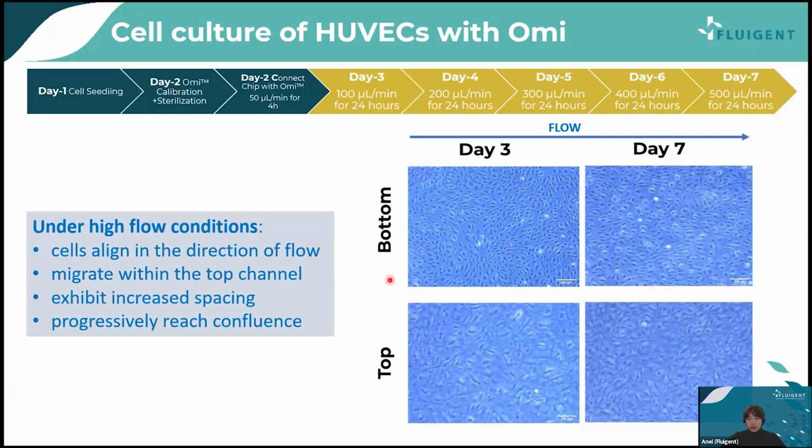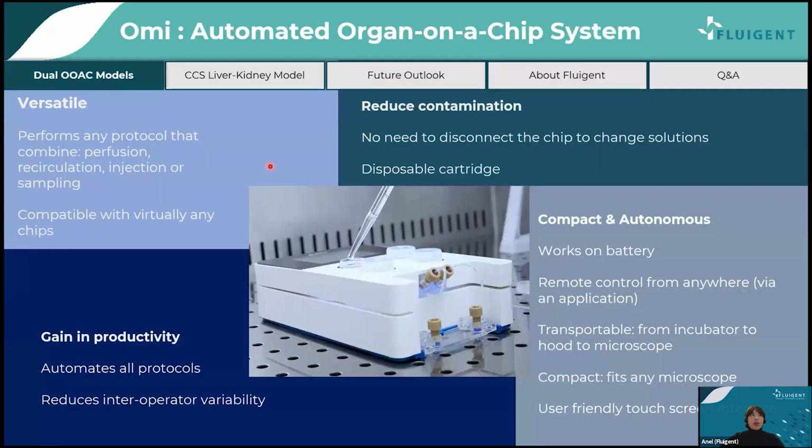So to conclude, Omi is a versatile platform that allows the 4 distinct functions. It's compatible with any chip. It reduces contamination by using the disposable cartridges, but also with including the sterilization protocol, allowing an extra disinfection step in your workflow. It's compact and autonomous.